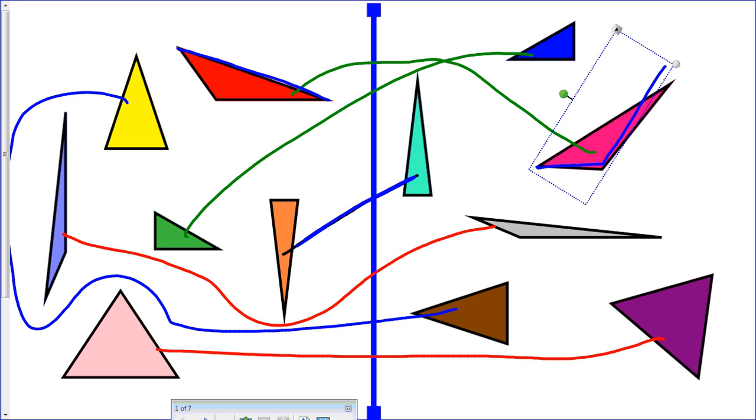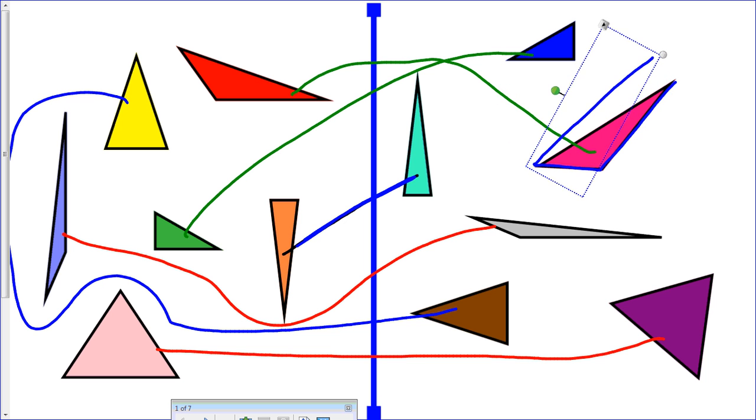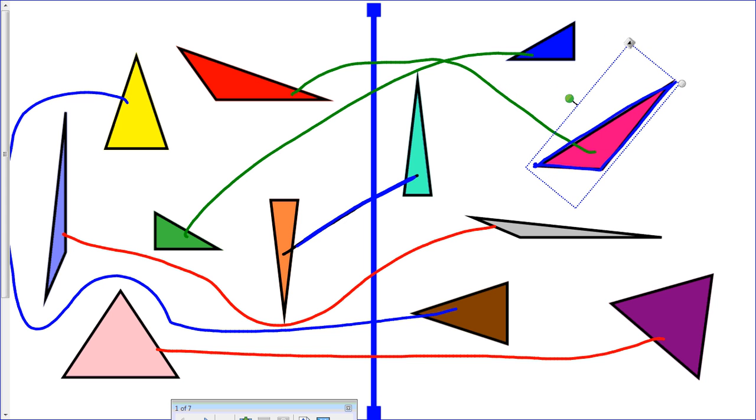Kind of cool, huh? Is that the same? It is, isn't it? They just rotated it, so it looks a little different.